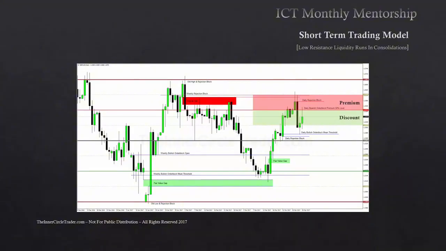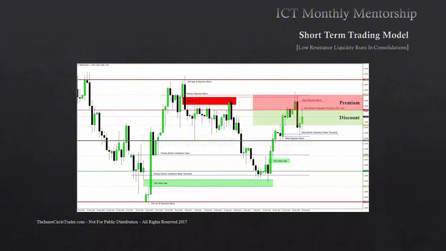But when price trades down to a PD array, whether it be a discount or a premium, if we trade into that element, whether it be a bullish order block, a breaker, any of those things from the PD array matrix that we've taught you, if you're looking for a long, the highest probable entries for longs, again, are entering in the discount range and coupling it with a premium range PD array.